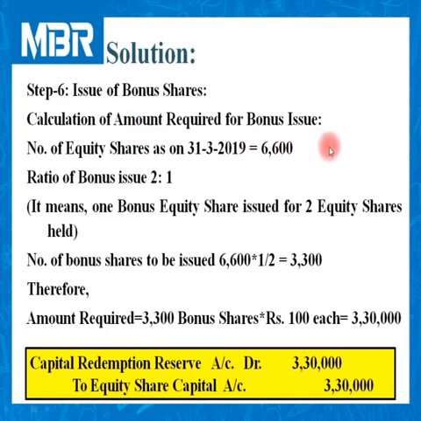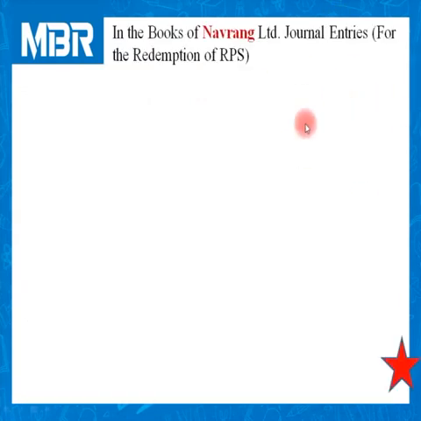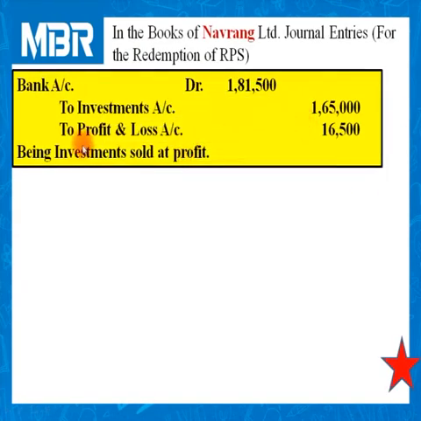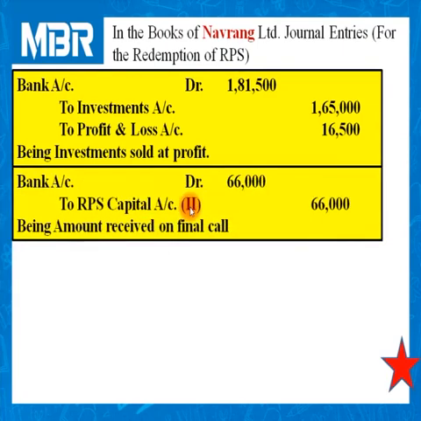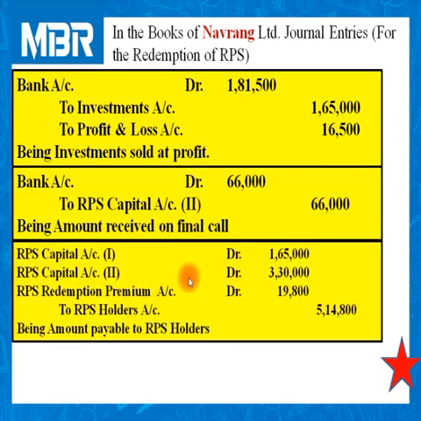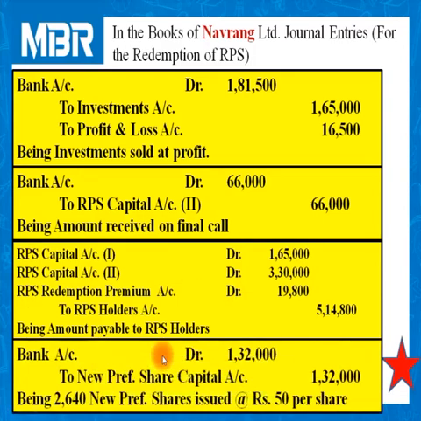Let us arrange all the journal entries in a proper format to complete our answer. First, sale of investment at profit being is also written over here. Second, amount received on final call from RPS capital type 2. Third, amount payable to both types of RPS holders, including RPS redemption premium.